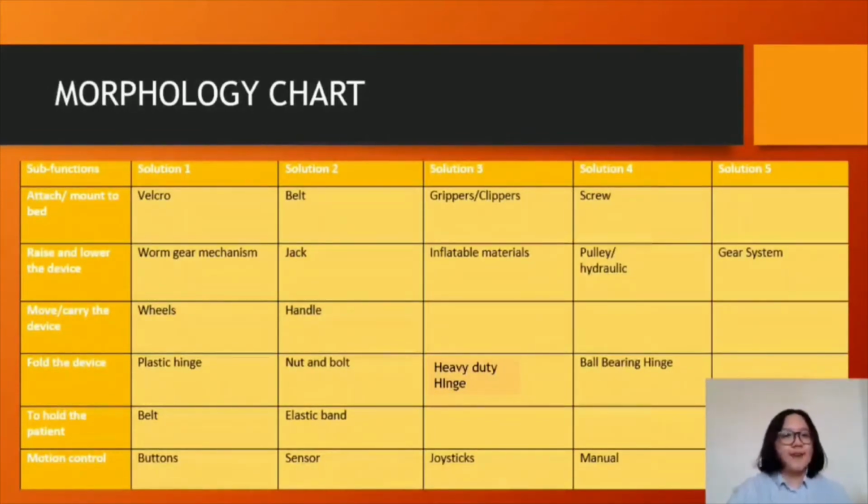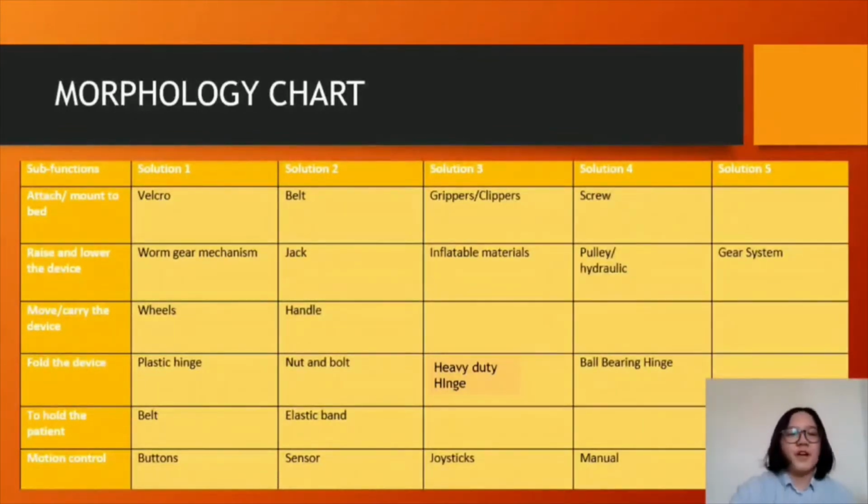The second sub-function, raise and lower the device, has 5 solutions. Worm gear mechanism, jack, inflatable materials, pulley or hydraulic, and gear system can be used. In order to move or carry the device, wheels and handle can be used.